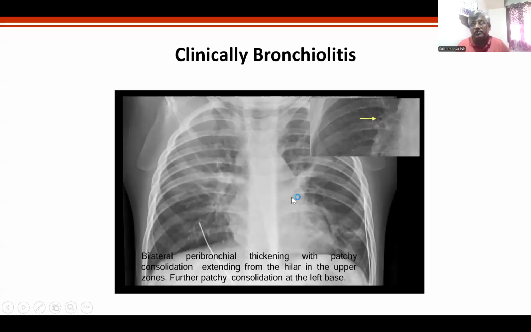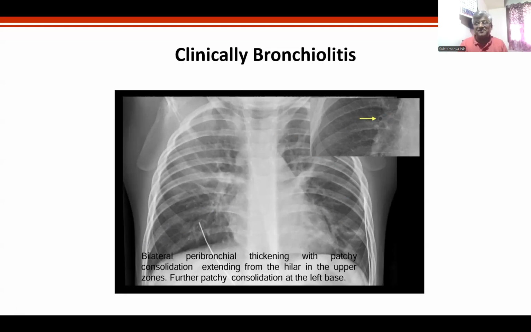These are the signs of bronchiolitis. What happens? You can see peribronchial cuffing. You also see the lower lobes; you remember the inspiration and expiration which I showed you. Whenever there is air trapping, there is more air in the lower half of the chest. Now, can you see air trapping in bronchiolitis? What do you mean by air trapping? Air trapping means the lower half appears more lucent than the upper half.